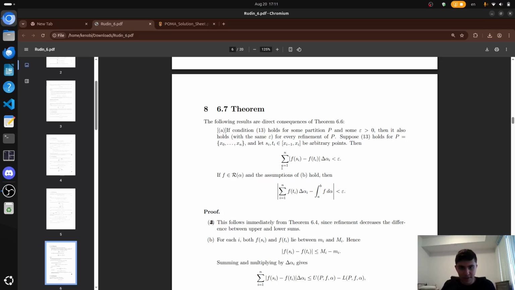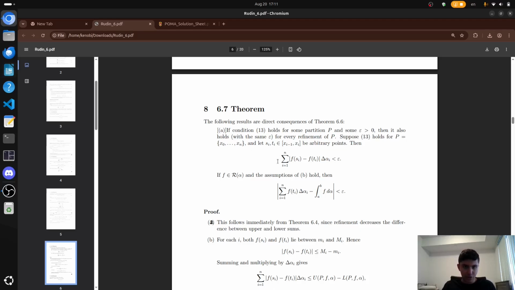Then the sum from 1 to n of |f(si) minus f(ti)| delta alpha i is less than epsilon, and the absolute value of the sum from 1 to n of f(ti) delta alpha i minus the integral from a to b of f d alpha is less than epsilon.